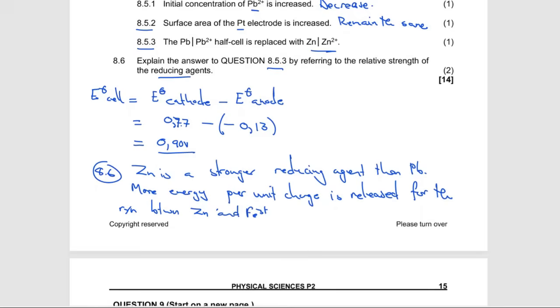So now as a conclusion, the equilibrium is going to lie to the right now. Our equilibrium is going to lie towards what? The right.